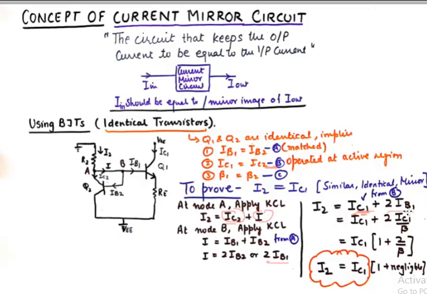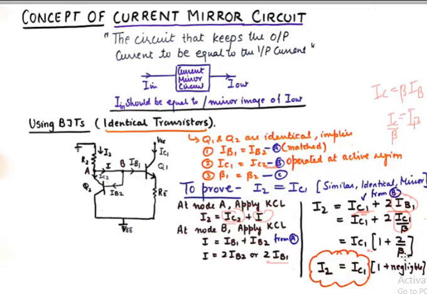I can write I as twice IB1, and we know that IC is equivalent to beta times IB. So I can write IB to be equivalent to IC upon beta. So this IB is written in terms of IC as IC upon beta. So I take IC1 as common.